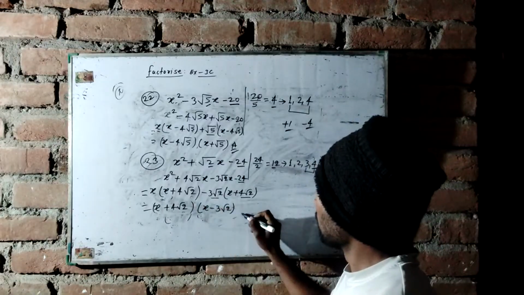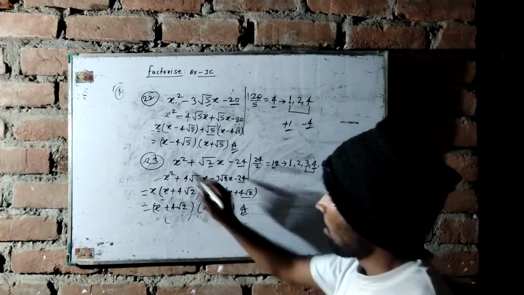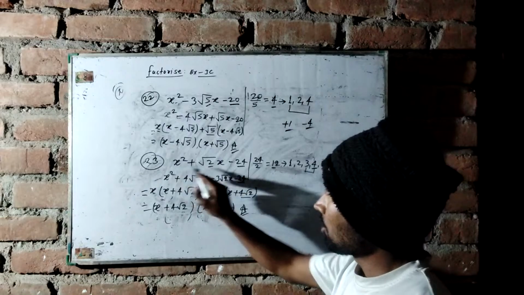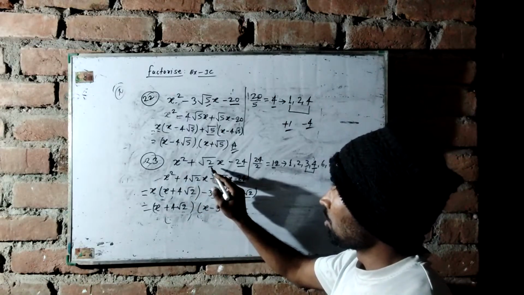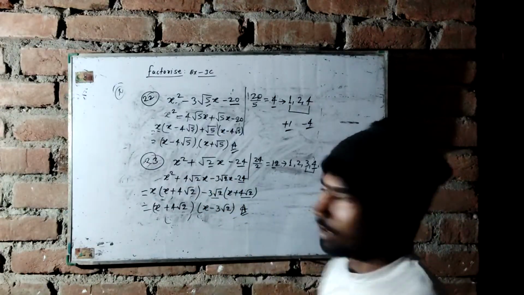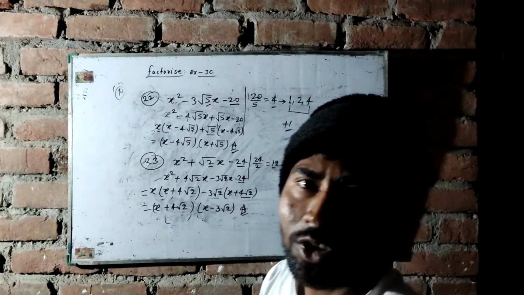These are two required factors of this polynomial, x squared plus under root 2x minus 24. Now let's go ahead to the next questions.